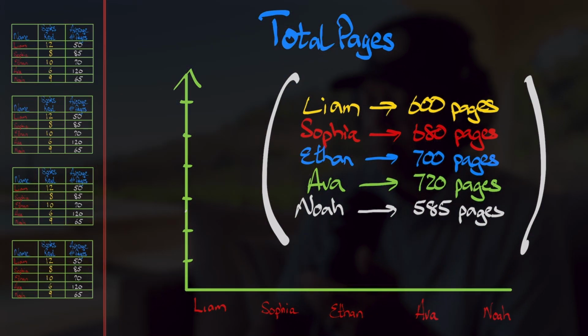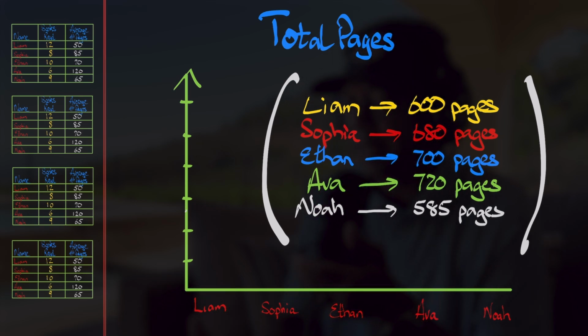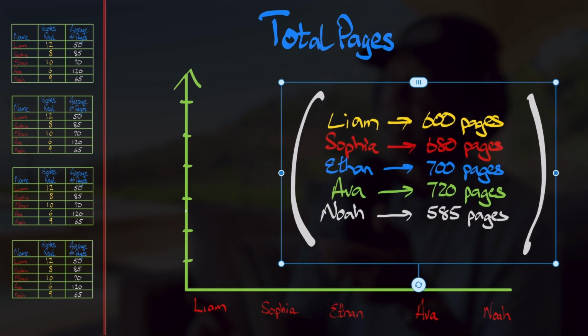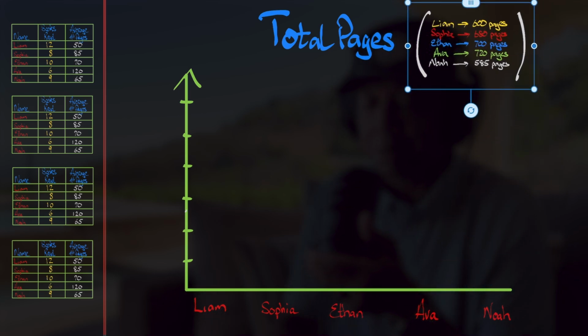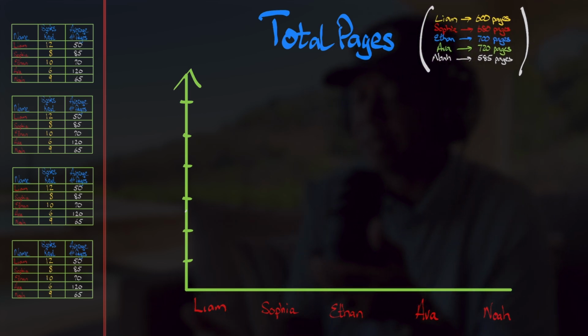The challenge I have here is to show those huge numbers on my y-axis. I have 1, 2, 3, 4, 5, 6 increments. I'm going to show numbers from 585 all the way up to 720. So the easier thing to do is to simply start not at 0, but with 500 being the lowest labeled amount on my y-axis.